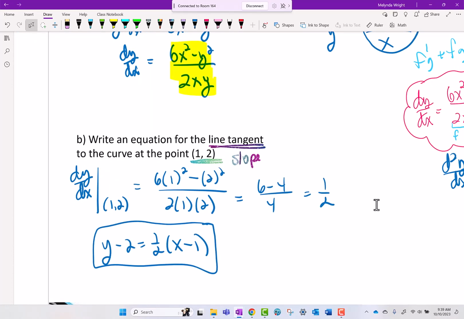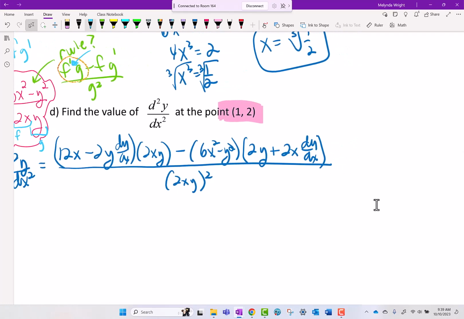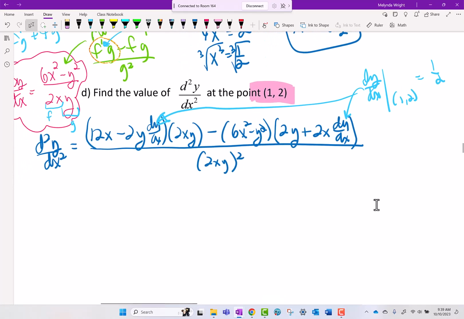I'm just going to write that as a note up here. So dy/dx at (1, 2) was 1/2. And that's what I'm going to put there, and that's what I'm going to put there. Right now, it would be fun to put that whole equation in and work through it, but I really think we have an easier way.